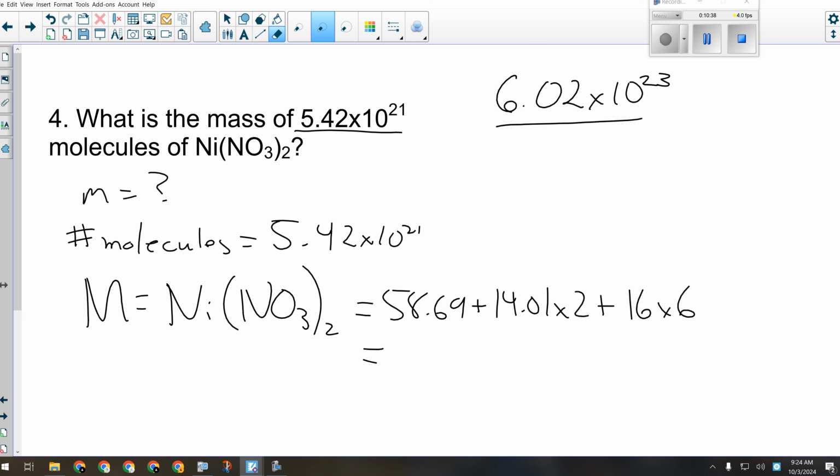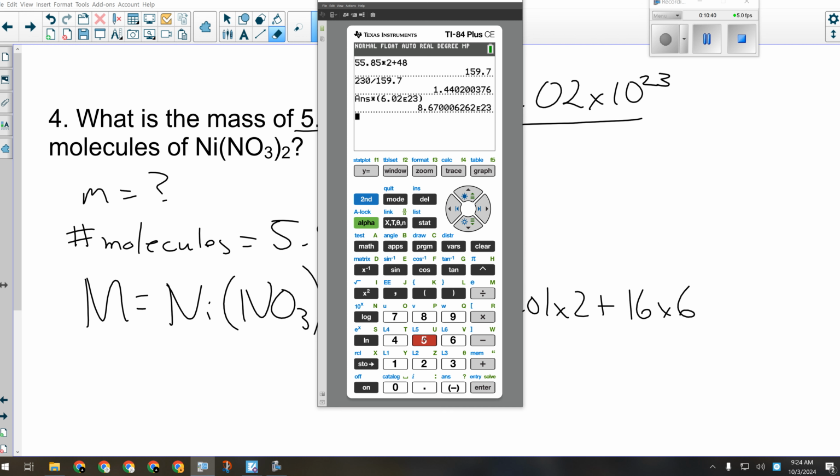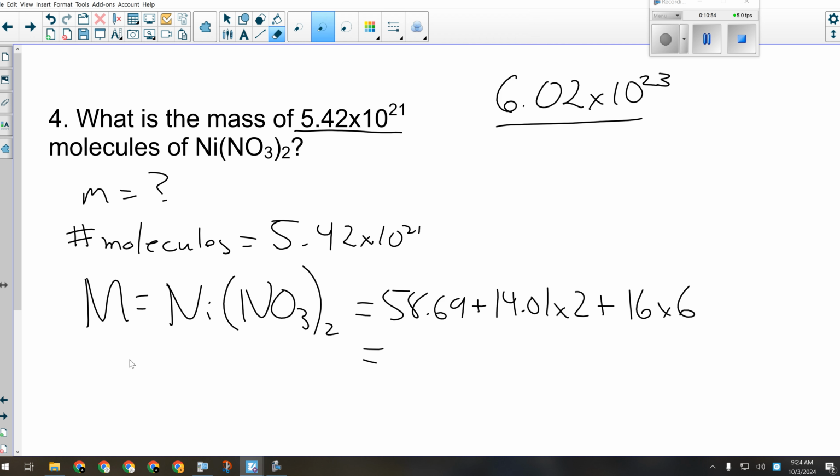So when we do that calculation, 58.69 plus 28.02, that's our 2 nitrogens, plus 16 times 6, which should be like 96, I think. All right, so 182.71 grams per mole.